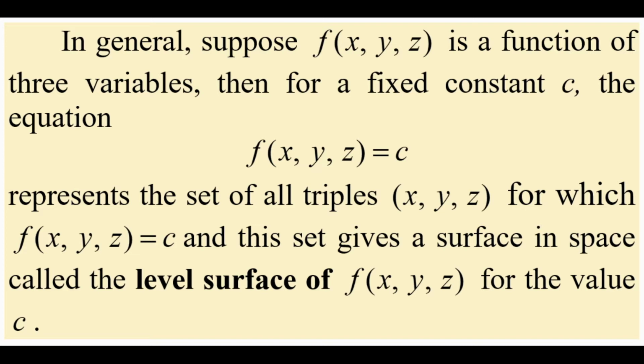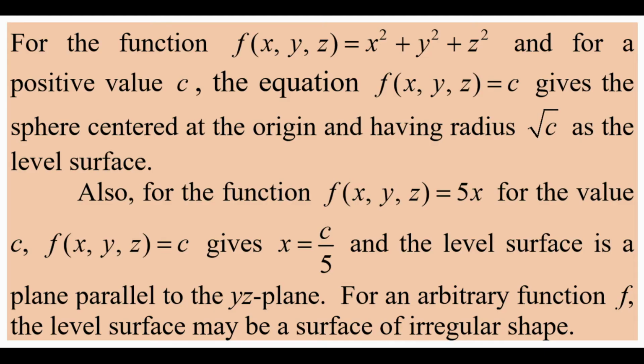Then for a fixed constant c, the equation f(x,y,z) = c represents the set of all triples (x,y,z) for which f(x,y,z) = c, and this set gives a surface in space called the level surface of f(x,y,z) for the value c. For example, for the function f(x,y,z) = x² + y² + z², and for a positive value c, the equation f(x,y,z) = c gives the sphere centered at the origin and having radius square root of c as the level surface.